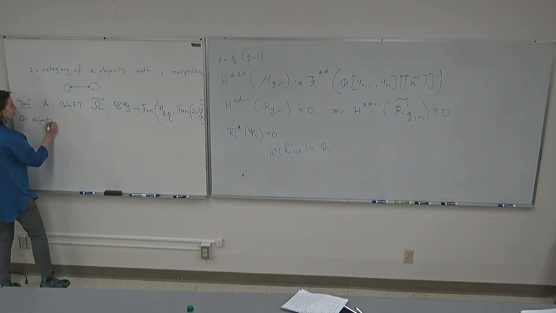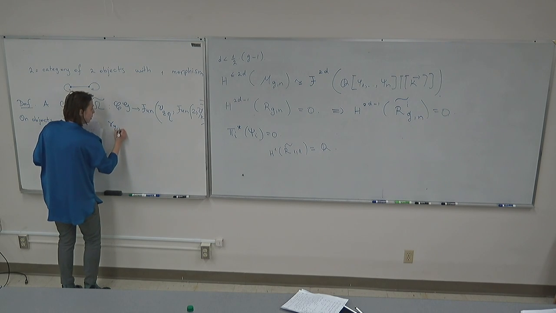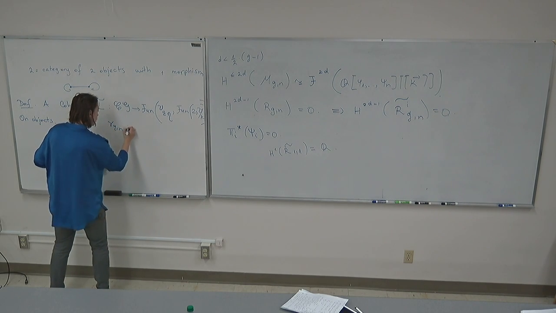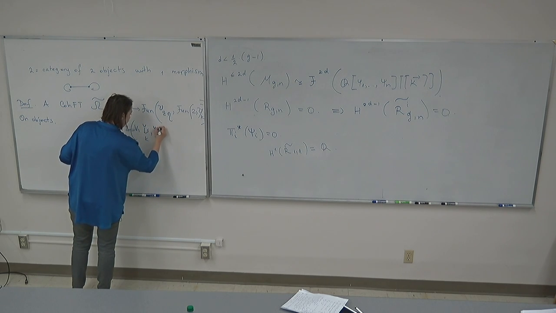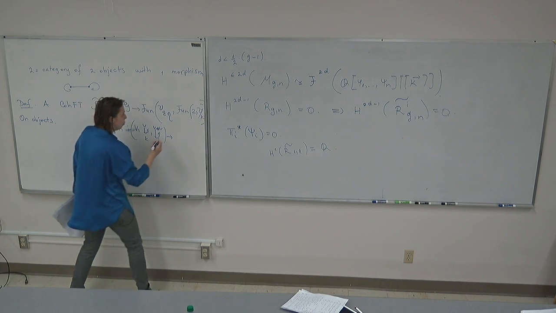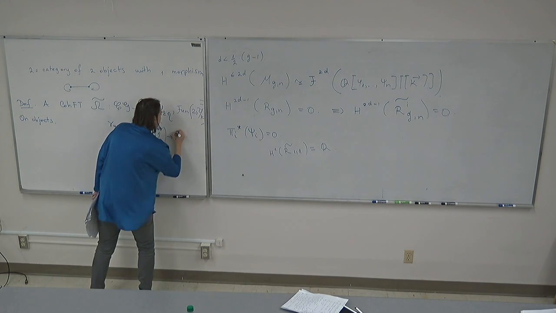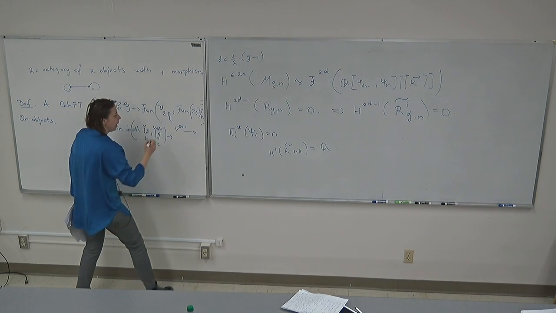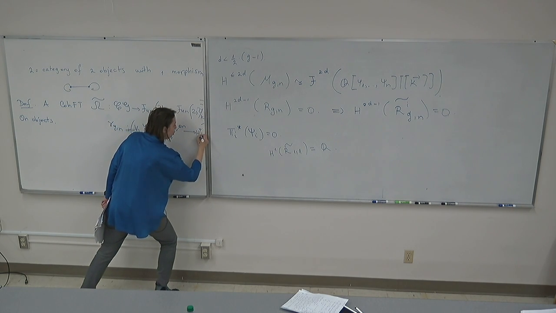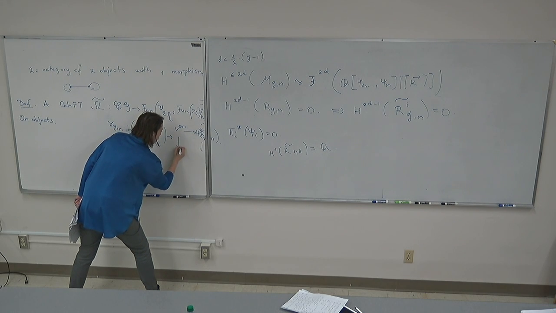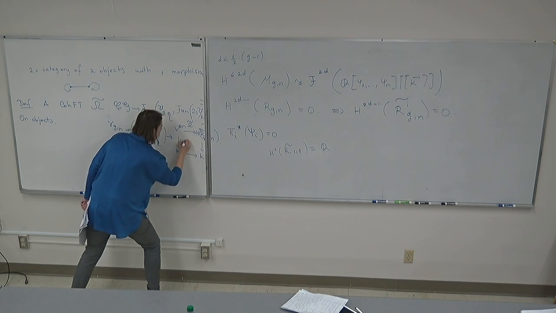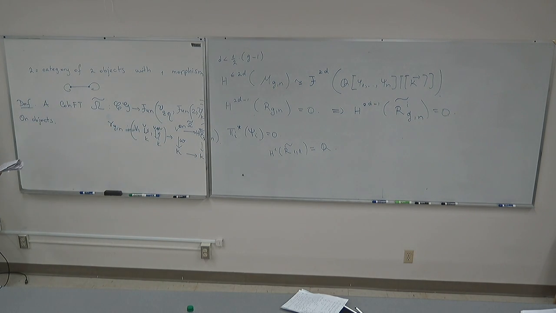So on objects, I will have a cell graph gamma in G N, and to each vector space, what it's going to do is send it to a map from V tensor n to the cohomology of R tilde G N. And then I'm going to ask that this is compatible with the degree 0 part that we introduced by the 2D CohFT, that's small omega.